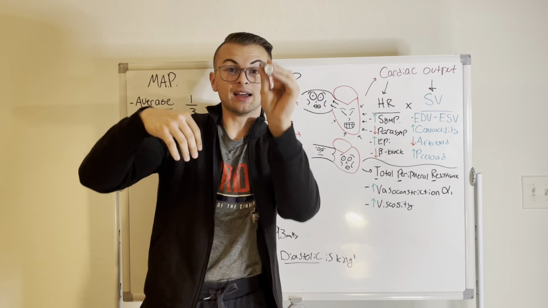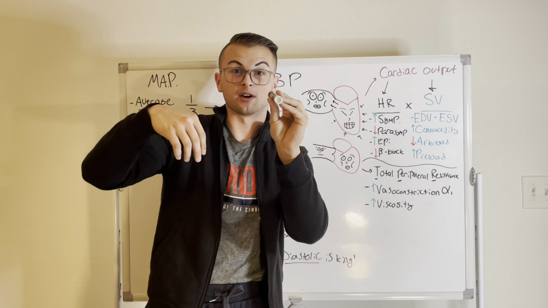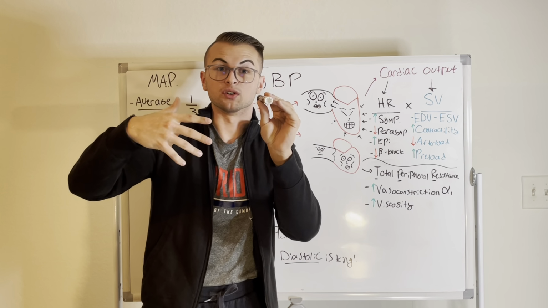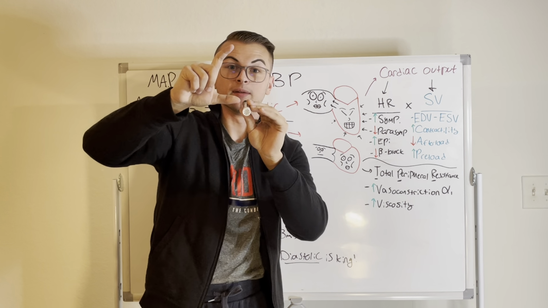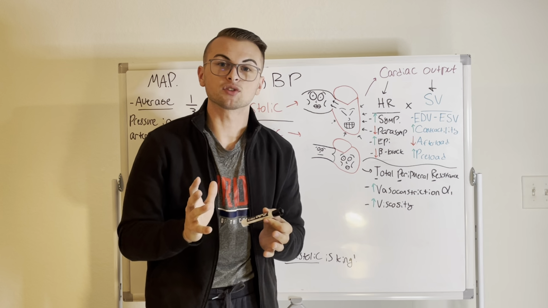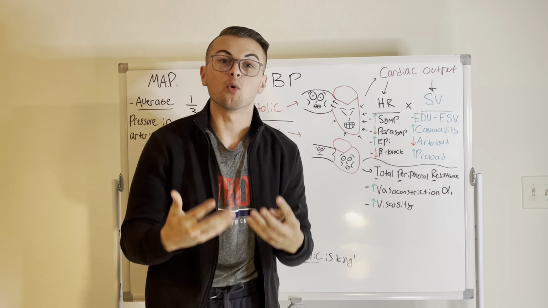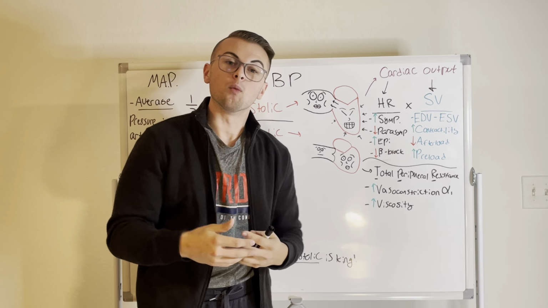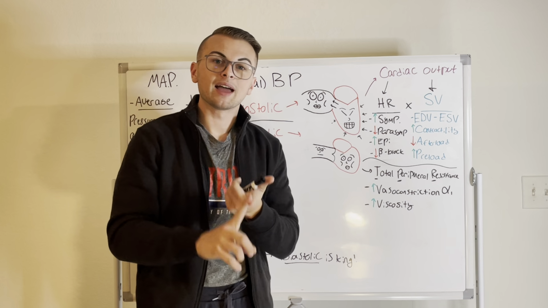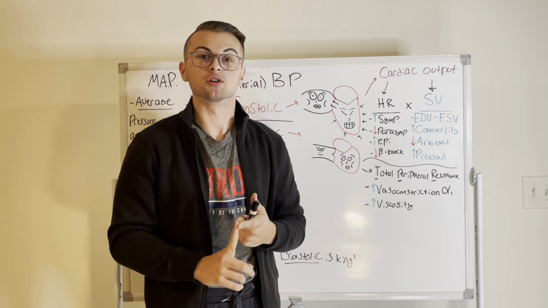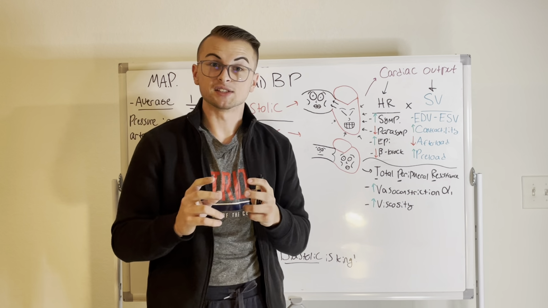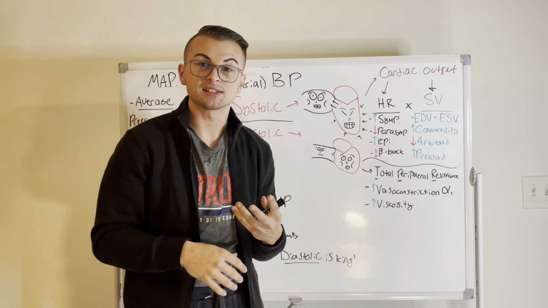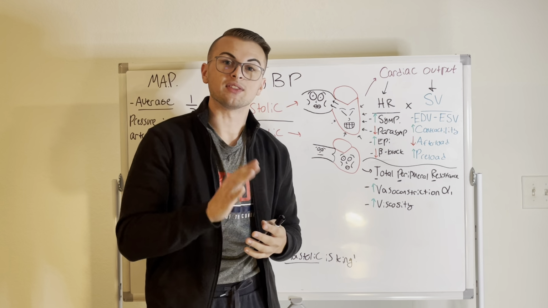So if we decrease the pressure in the aorta by dilating our arterioles, then our ventricle can eject more blood. This decrease in afterload would allow for more blood to be pumped out. When we give drugs like angiotensin converting enzyme inhibitors, ACE inhibitors, ARBs, our sartans, or our alpha-1 antagonists, we are lowering the afterload.